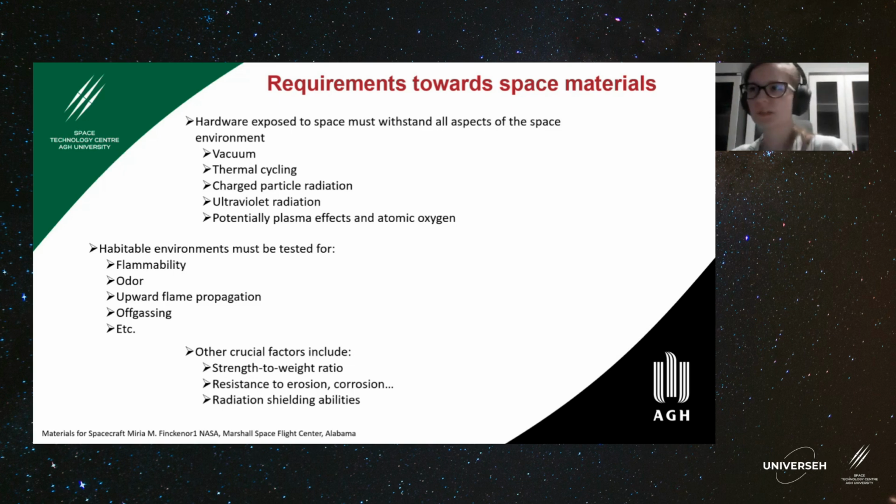There is also charged particle radiation, because outside of Earth's magnetic field, we don't have as much protection against cosmic radiation as we have here. There's also ultraviolet radiation and various types of radiation, more than charged particle radiation, but radiation can damage electronics.